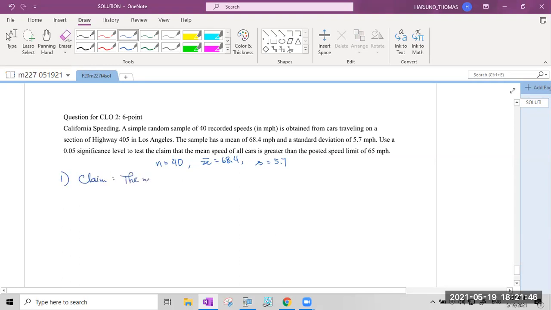The mean speed of all cars is greater than the posted speed limit of 65 miles per hour.